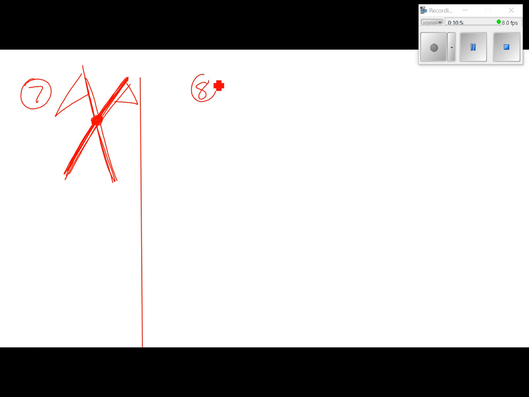Number 8. They tell us segment CD is congruent to segment CD. That's where we're saying anything equals itself.